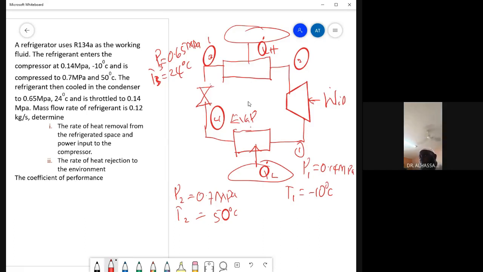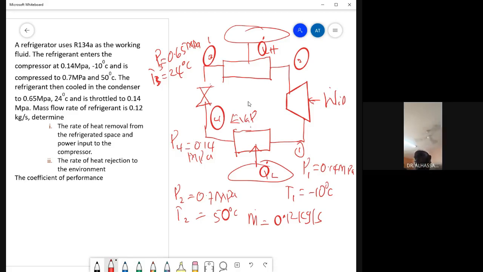And it's throttled to P4 equals 0.14 megapascal. The mass flow rate of the refrigerant is given as 0.12 kilogram per second. Now, determine the rate of heat removal from the refrigerator space.